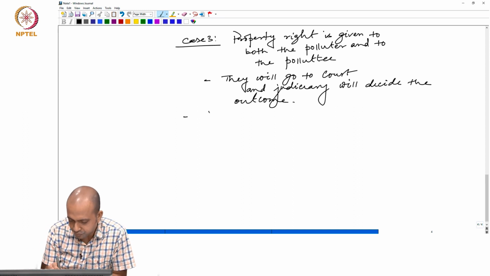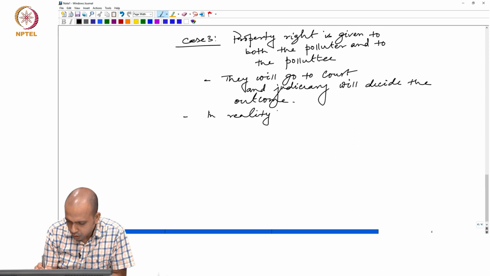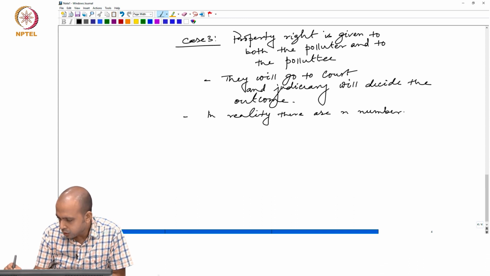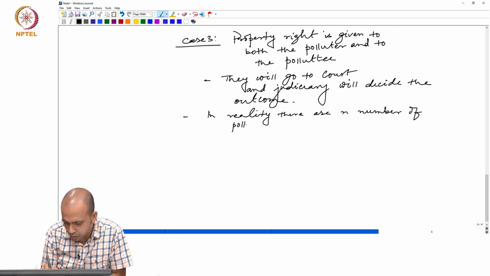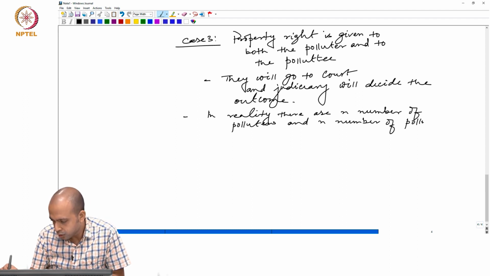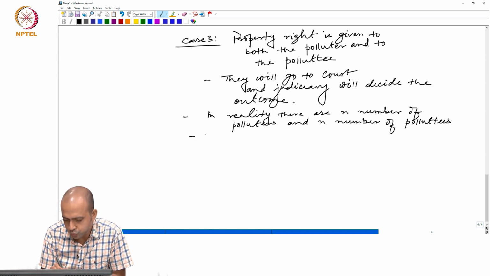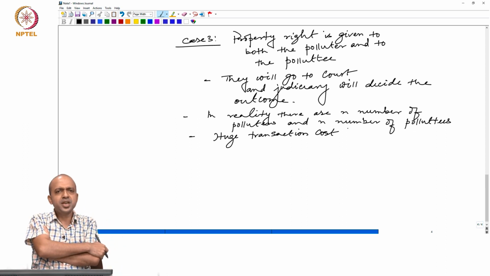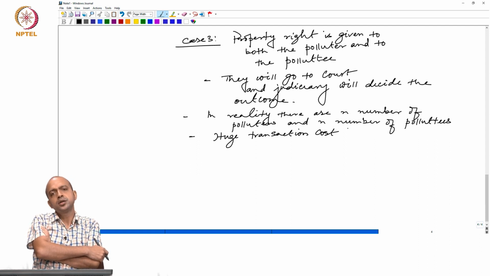So, huge transaction cost. So, that means they said your theorem has actually no value, because you assumed a world which is zero transaction cost, and we are facing a world where transaction cost is so huge.